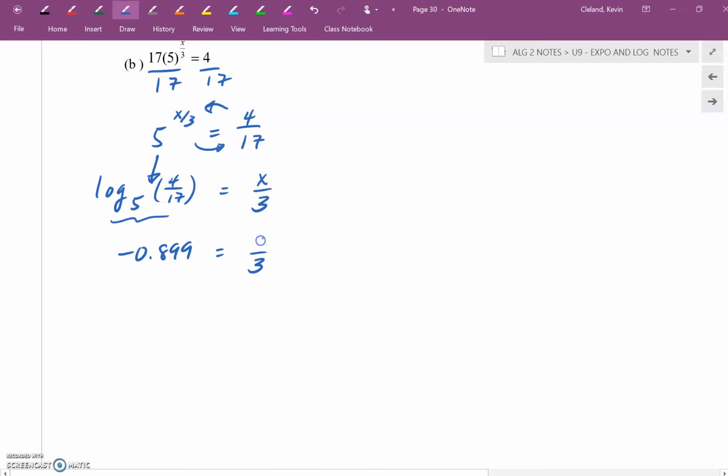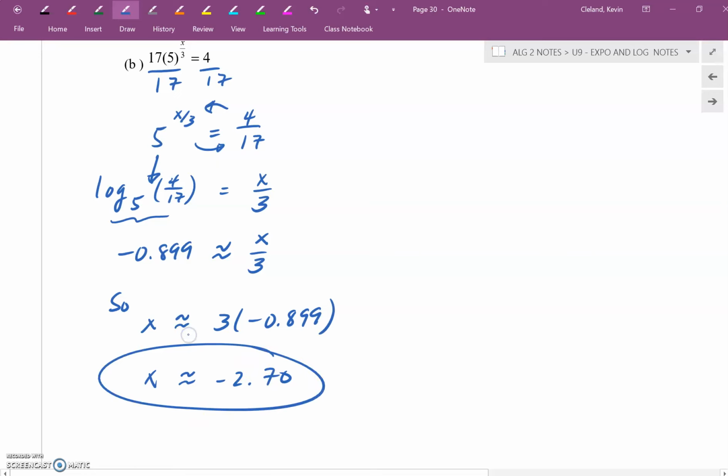So tell me about x. It's got to be 3 times bigger than negative 0.899. So x is, and again this is an approximation since I've rounded that value, approximately 3 times negative 0.899. So x is approximately negative 2.70, rounded to the nearest hundredth.